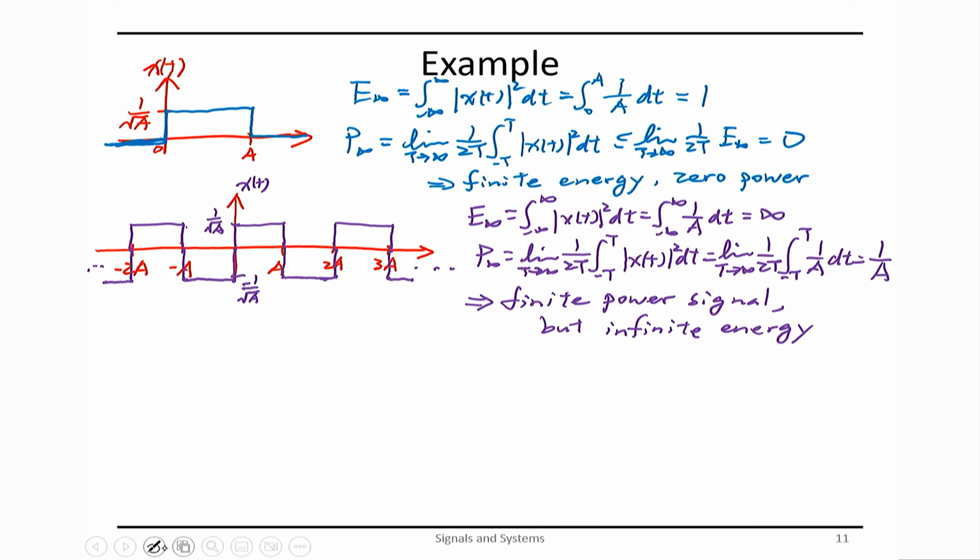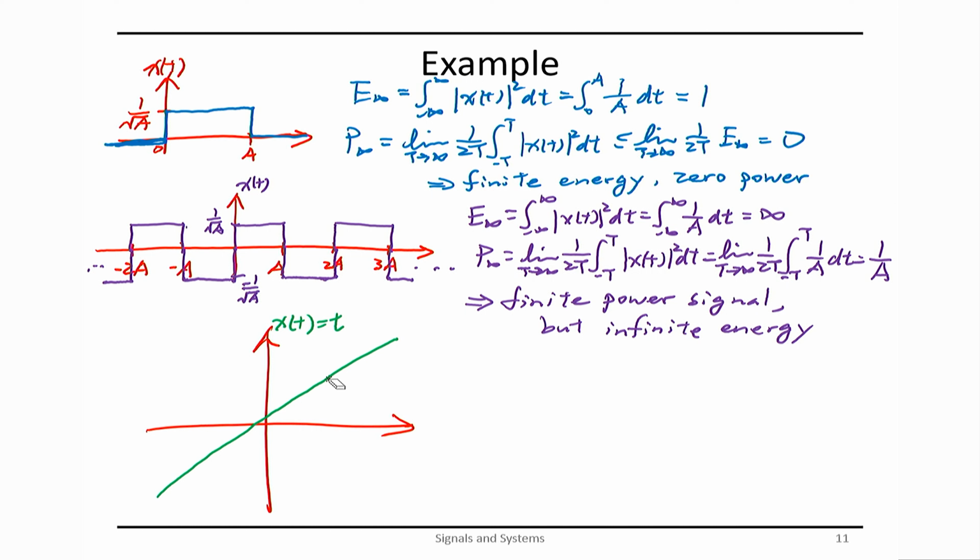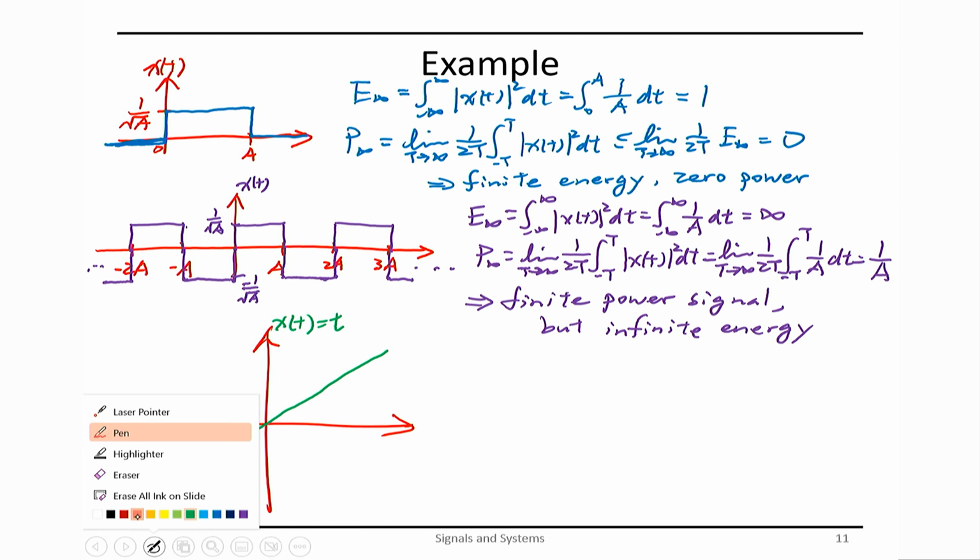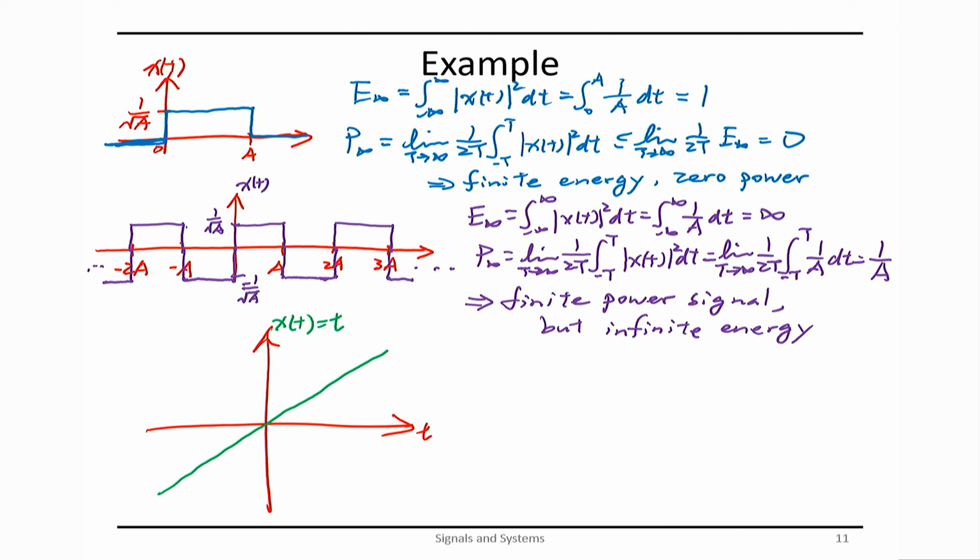Now let's look at one more example. We look at the case where x of t is just equal to t. Okay? So the function looks something like this. Okay?